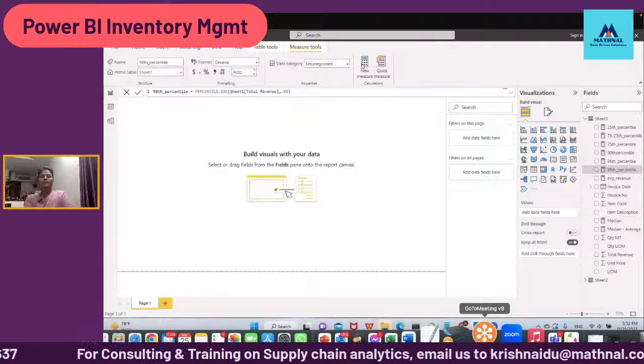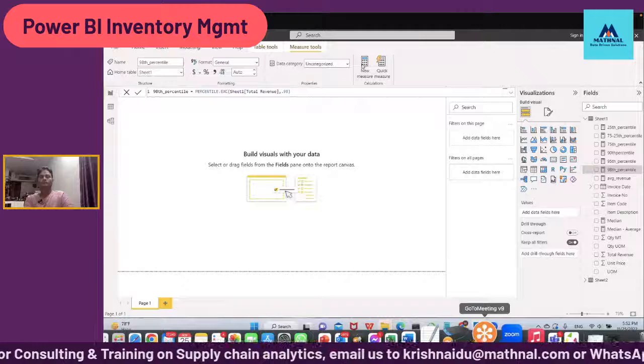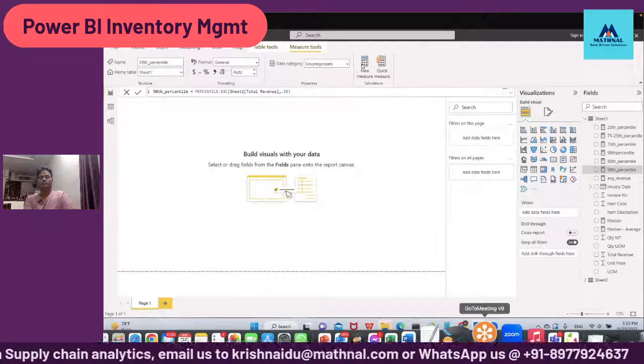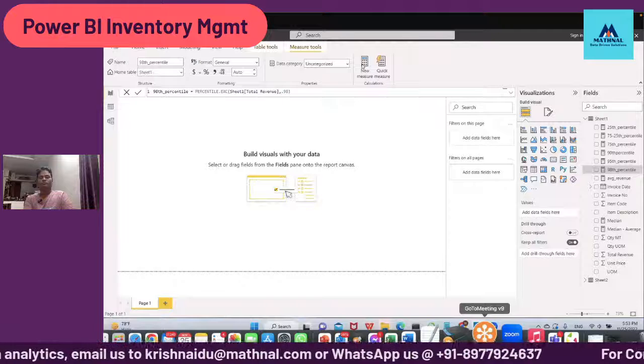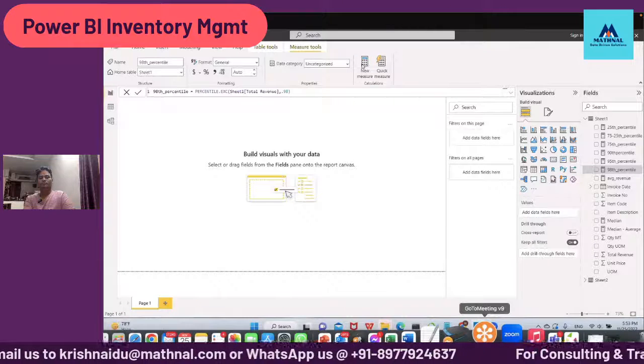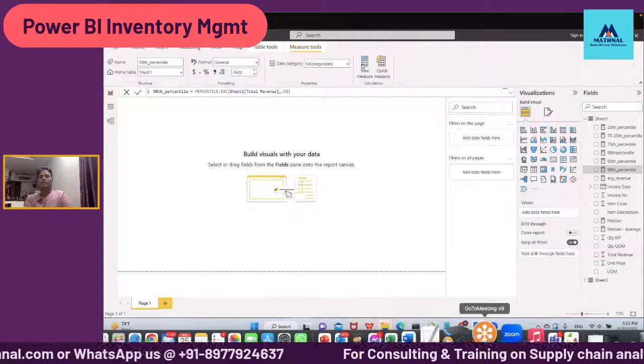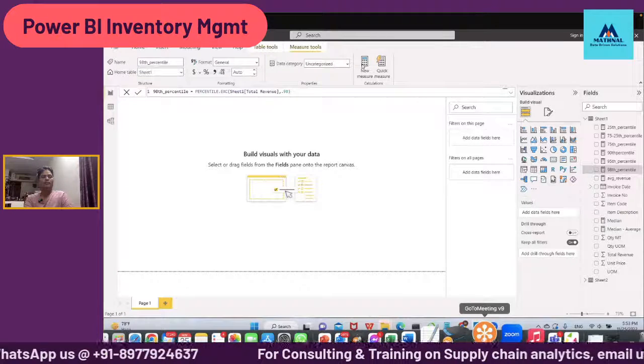So you're able to understand the formulas, right? Yeah, sir, I can read it. So it is finished. This is the 98 percentile, right? So 90, 95, 98.